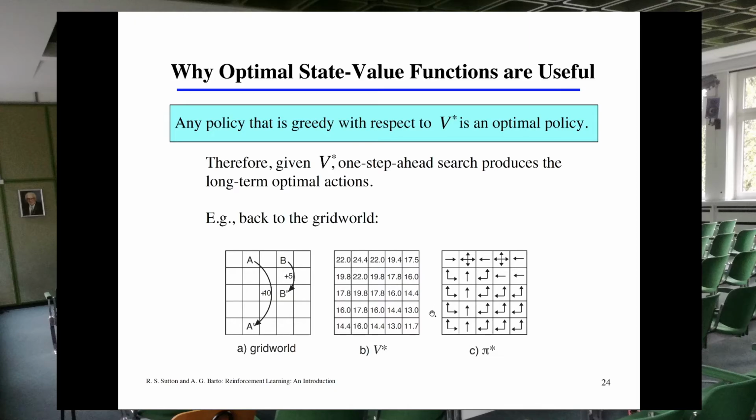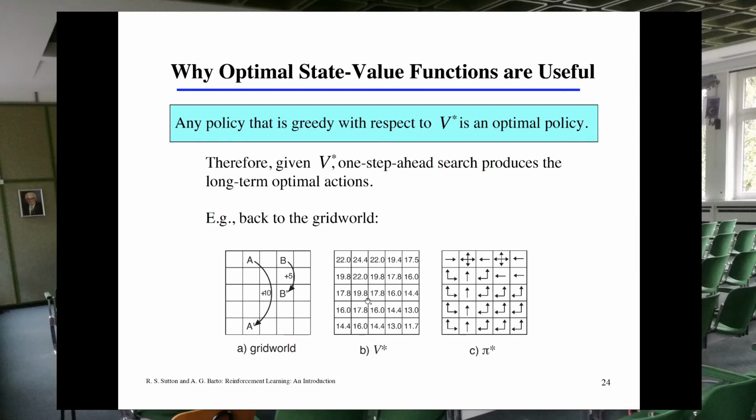So for example, take this state here. If you go left you will have a 13 value. If you go up, you also get the same number, 13. So the policy here could be going up or going left.